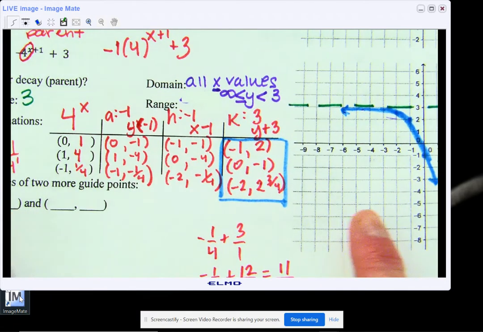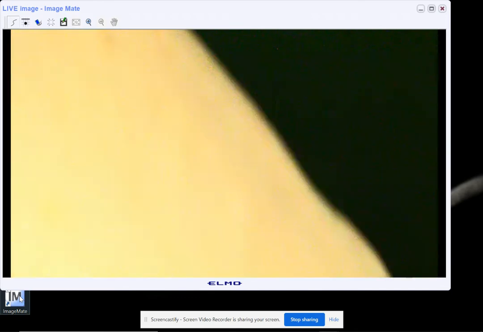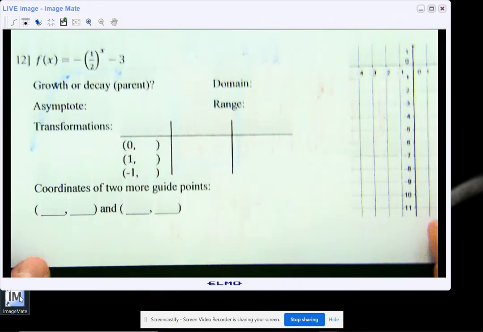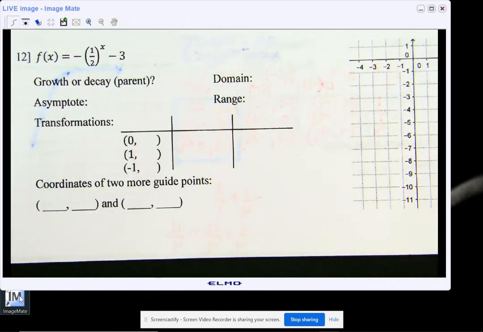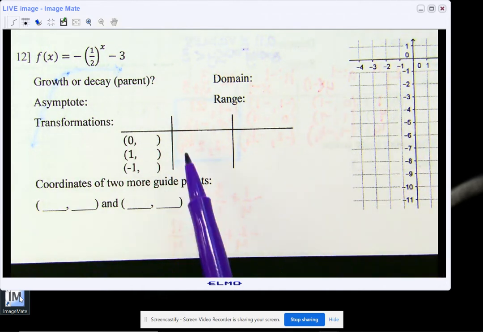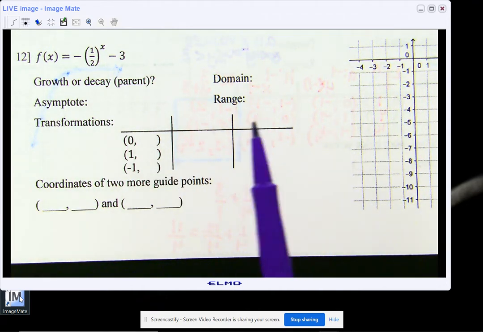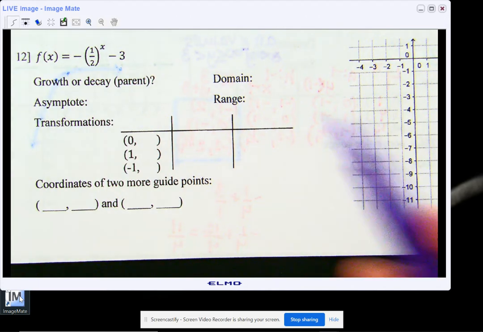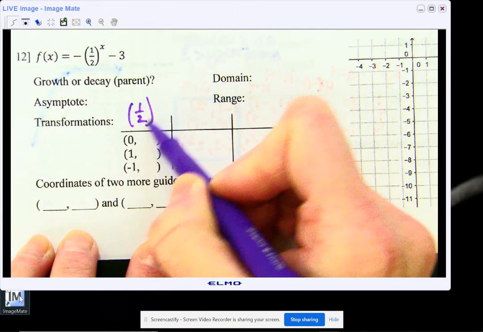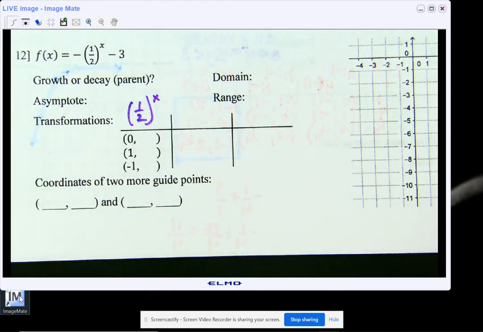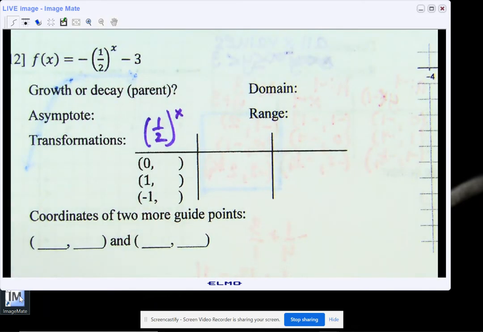Okay, we're going to do one more. Let's jump to 12. 12 will be a quick one. All right, so 12. We have less columns, which means that some of our numbers aren't going to be listed here, but our parent function is 1/2 to the x. Make sure you put that in parentheses when you rewrite it here, because if we don't, then it's just 1 to the x, right?